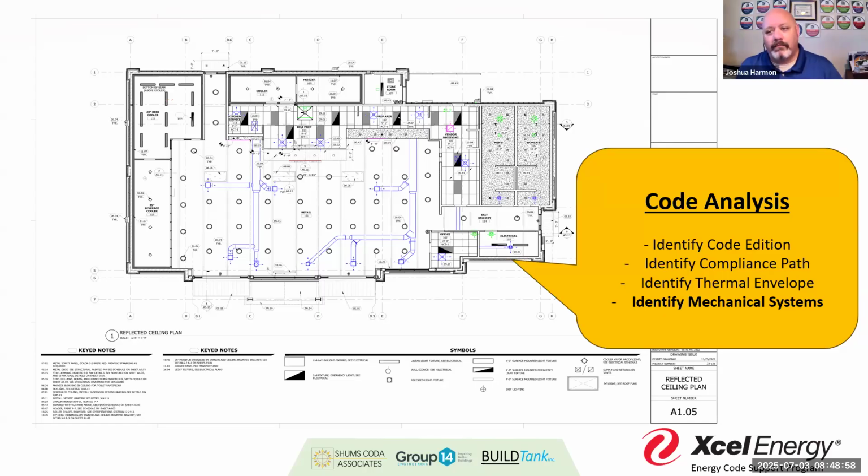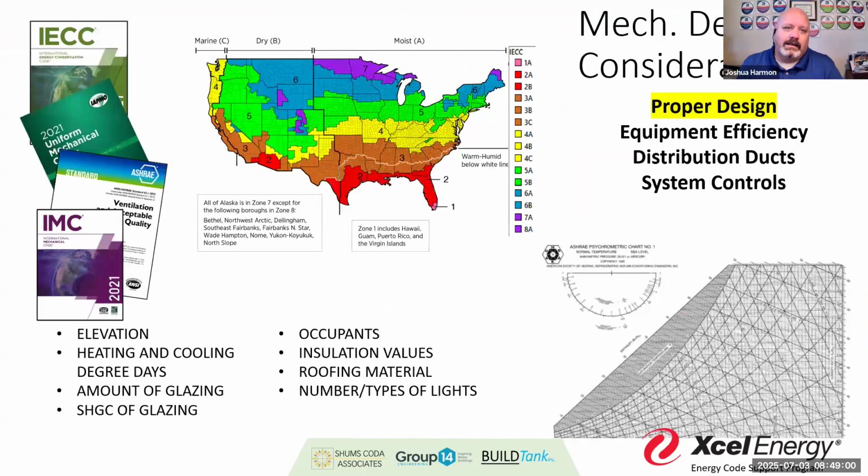But what we're looking for are some basic concepts, again, in the mechanical system. So it's not just, well, the energy code is the envelope and we're done. No, it's part of that relationship with those 4 pillars of energy compliance, being the mechanical and service water heating systems. So we're going to be looking for, again, proper design, the appropriate efficiency associated with those pieces of equipment, proper distribution and controls, right?